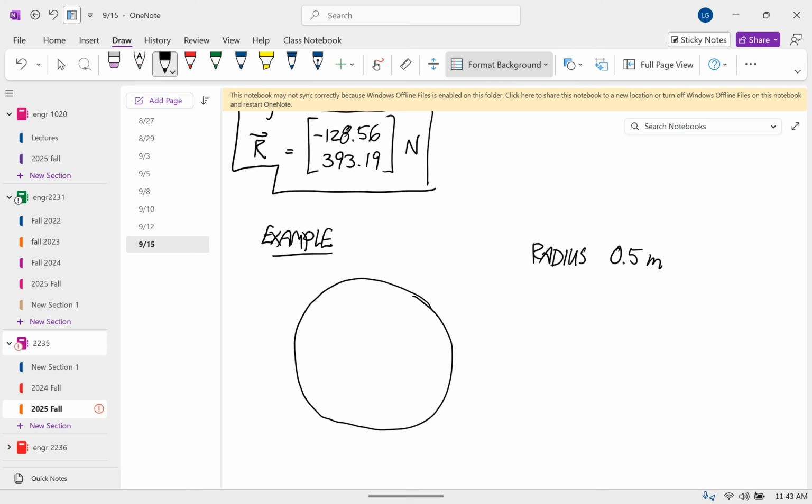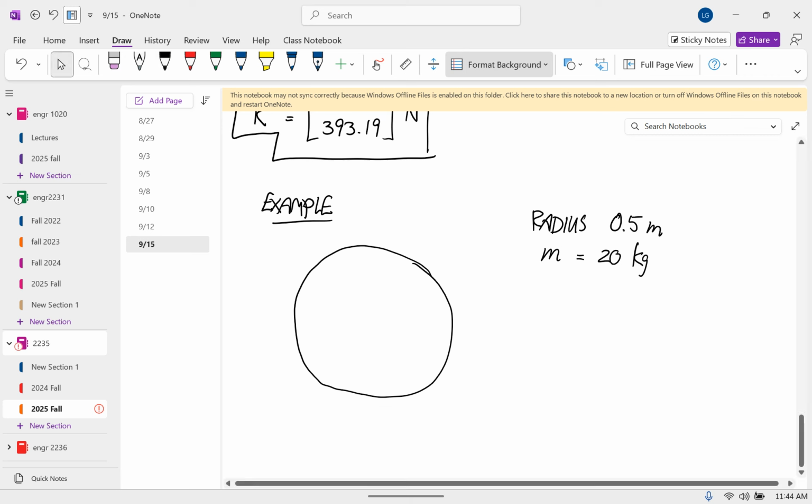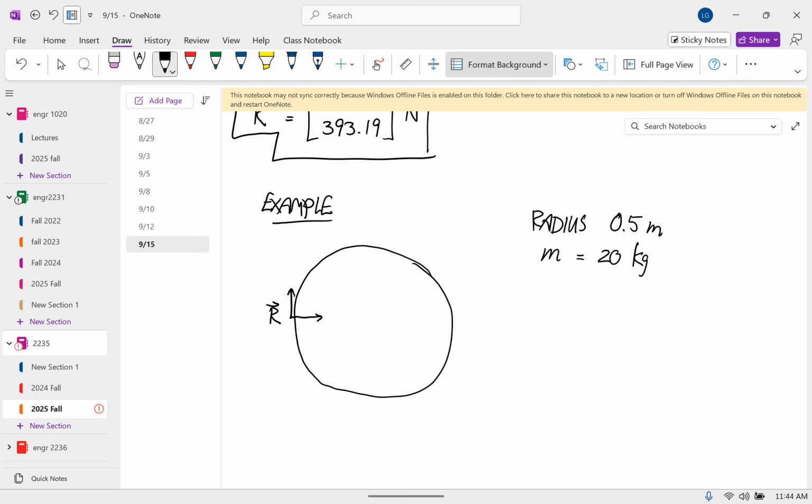And let's say that the mass is 20 kilograms. And we have an unknown force here. I'll call it R. And we have an unknown couple here. I'll call it MR, reaction moment. And we want to calculate those loads.